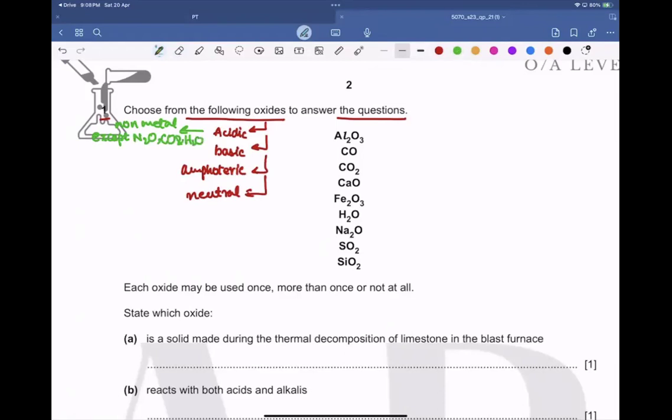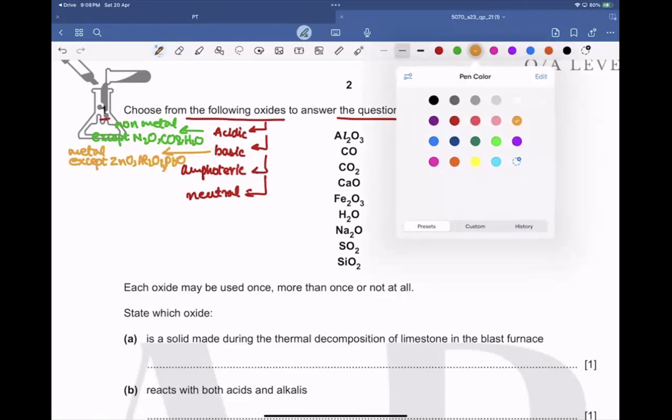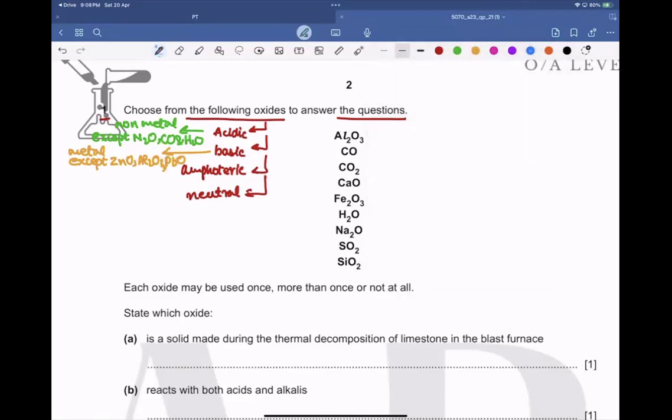In the same way, basic oxides are formed when metal elements bond with oxygen, with three exceptions: ZnO, Al2O3, and lead oxide.